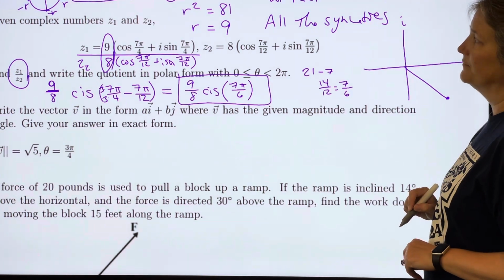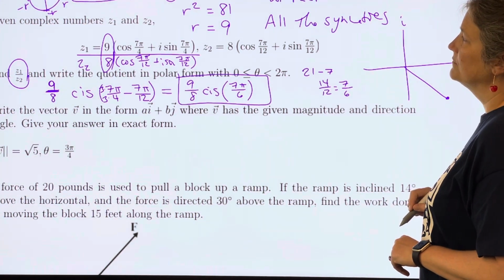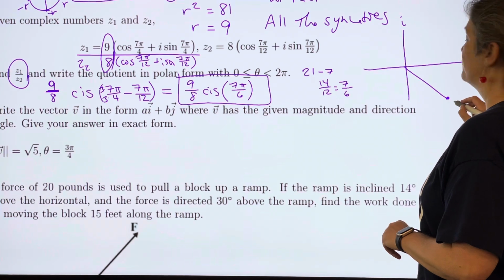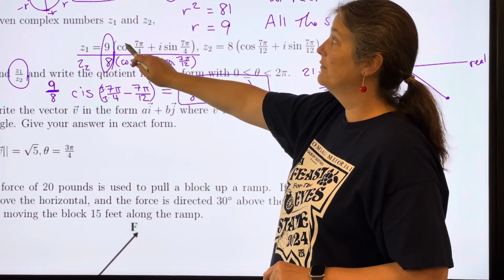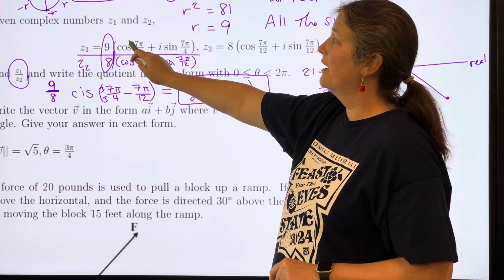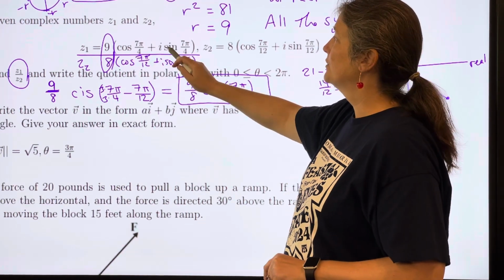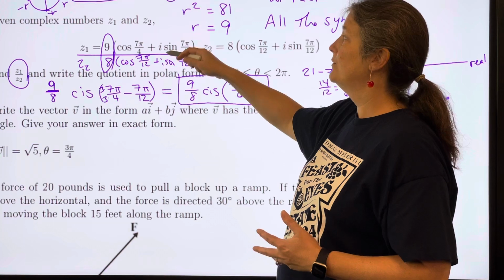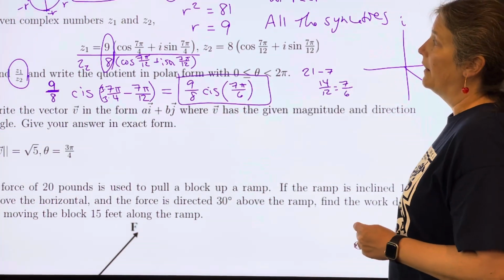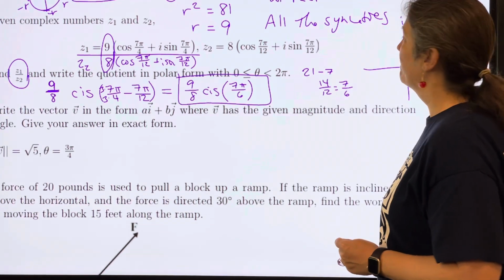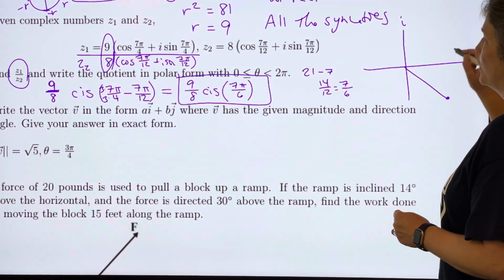This is that, okay? Which would actually be in rectangular form 9 root 2 over 2, so 4.5 root 2, and this would also be 9 root 2 over 2 i, so 4.5 root 2. So I could get the x and y coordinates here too.